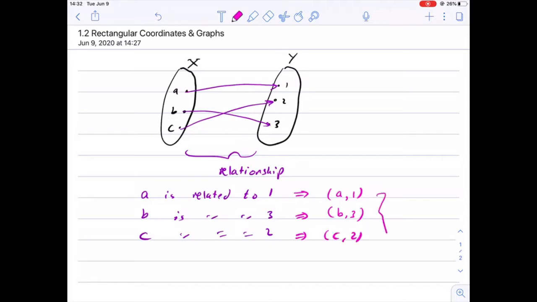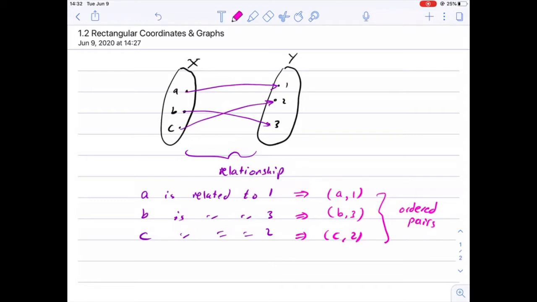These are called ordered pairs, and we call them ordered because a is related to 1, but 1 is not necessarily related to a. The order is important. (a, 1) is different from (1, a), as we'll see when we define rectangular coordinates.